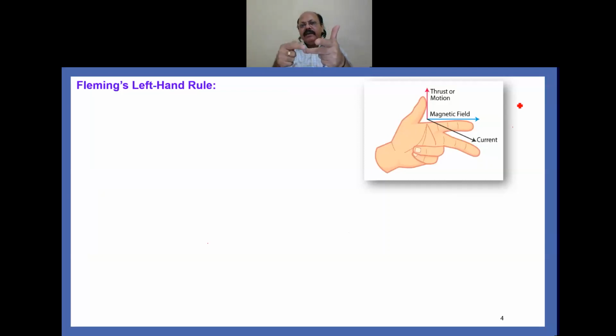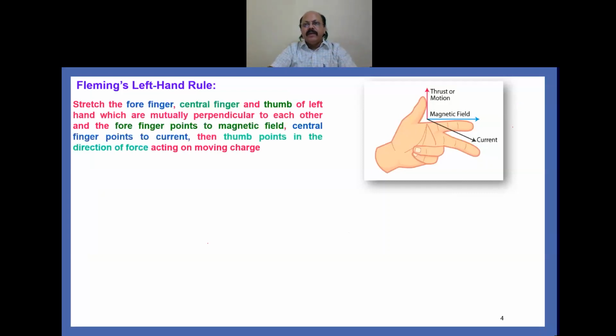First finger, central finger and thumb. Then the first finger represents the magnetic field, the central finger represents the direction of motion of charge, that is current, and the thumb represents the direction of force. So this is called Fleming's left hand rule, which is mentioned here. You can see here.